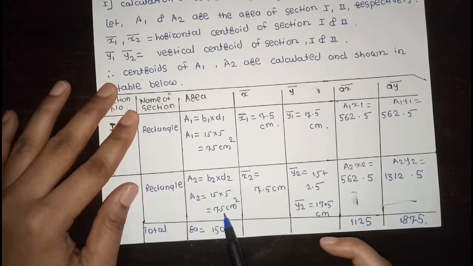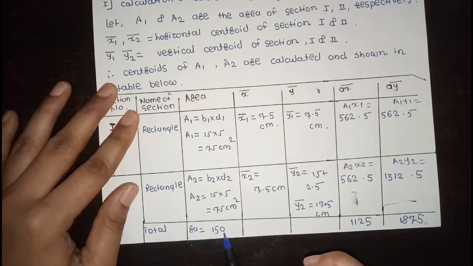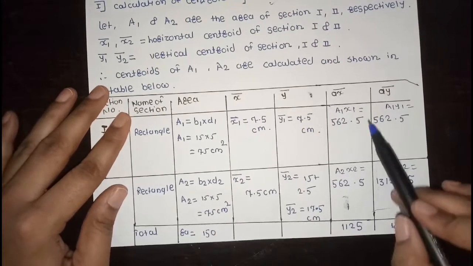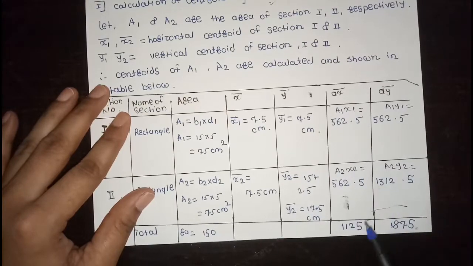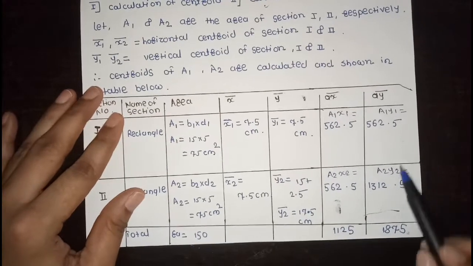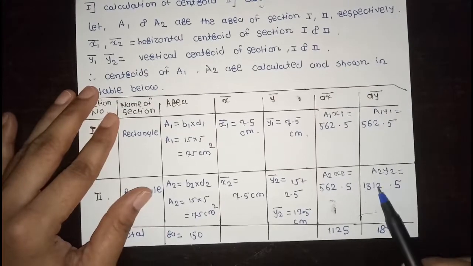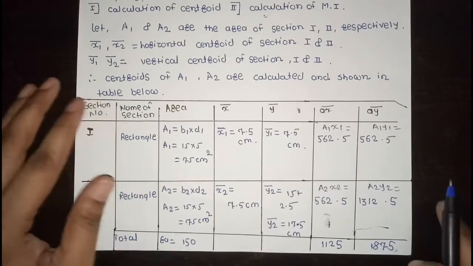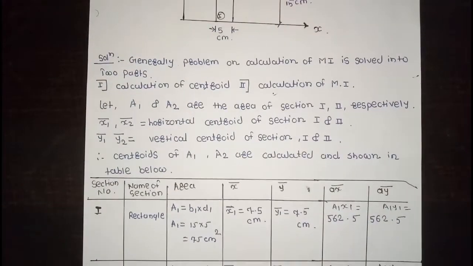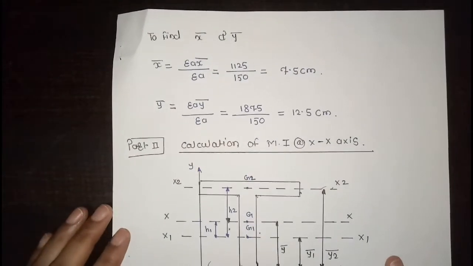So 75 plus 75, summation A is equal to 150. Summation AX bar means A1X1 plus A2X2, which gives 1125. A1Y1 plus A2Y2 gives 1875. So calculate X bar and Y bar.